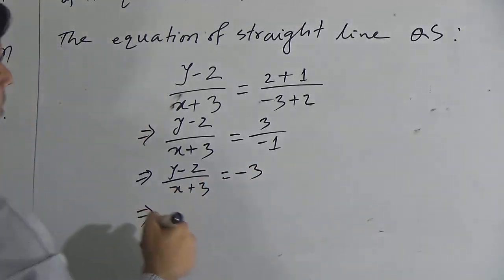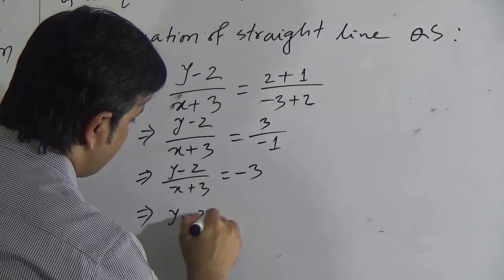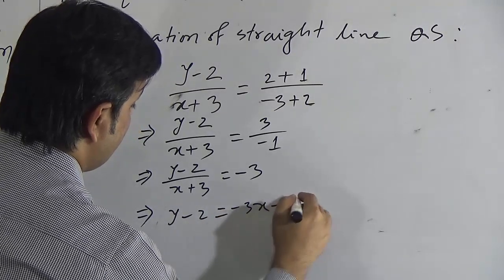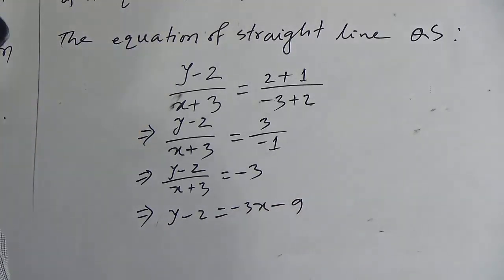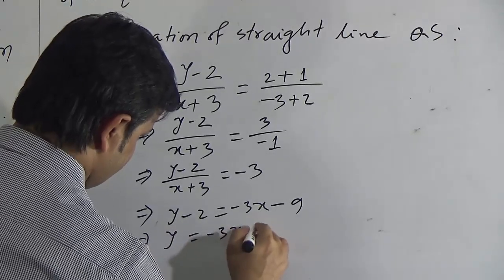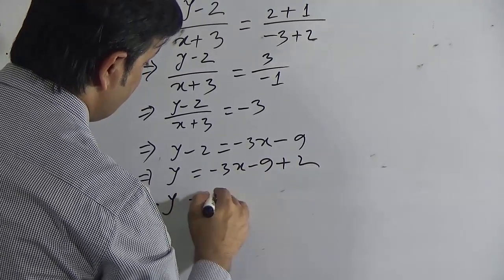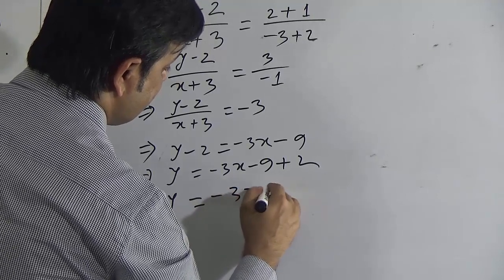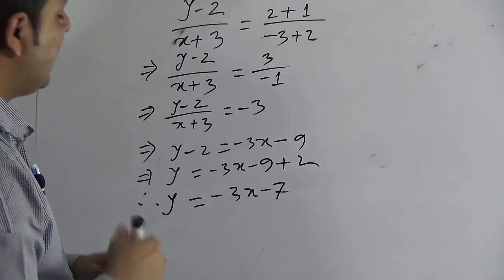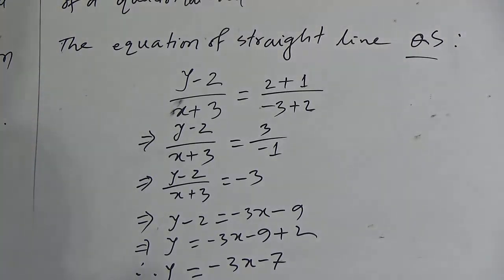So we can calculate here, y minus 2 is equal to minus 3x minus 9. So we can write y equal to minus 3x minus 9 plus 2, therefore y equal to minus 3x minus 7. So dear students, we have determined the equation of straight line QS, that is y equal to minus 3x minus 7.